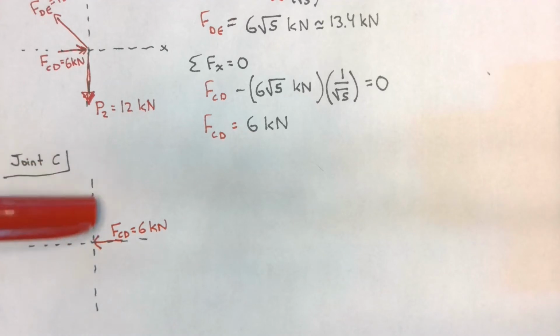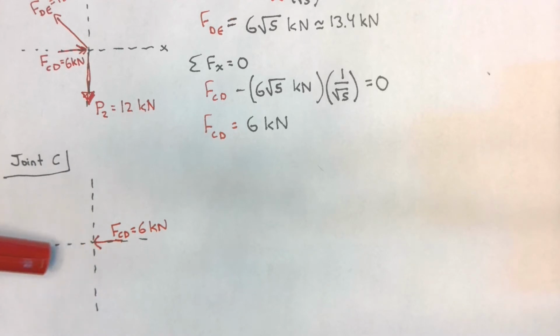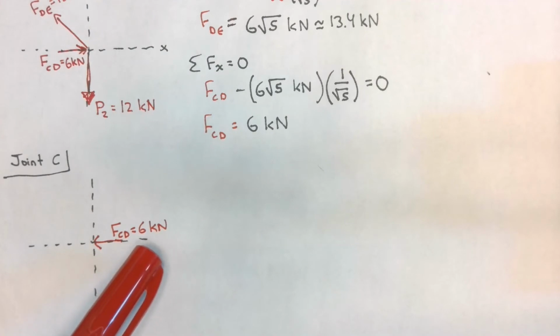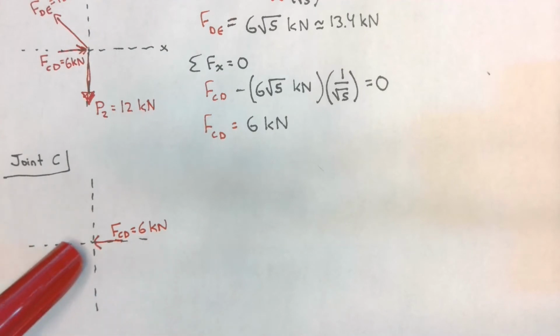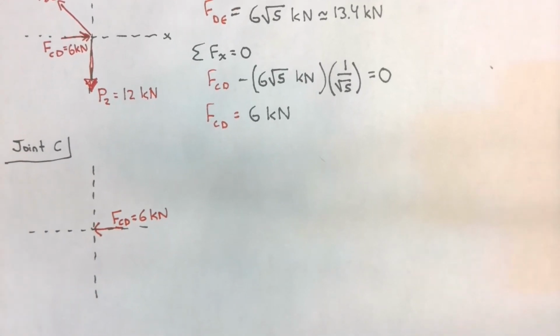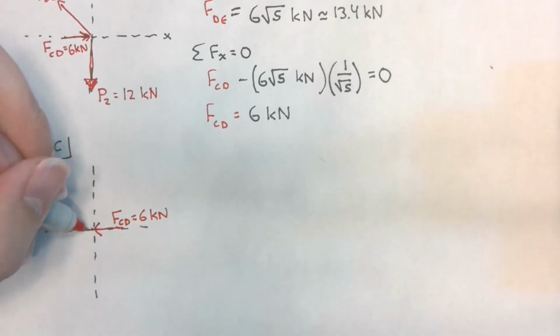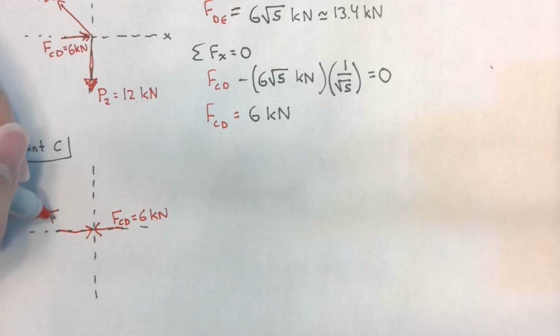There is no force in member CE because we already determined it was a zero force member, but we do have a force for member CB or BC. Now, if this is pointing towards the left, in which direction will the other force be pointing? The right. Yep. So we have a force from B to C pointing towards the right.